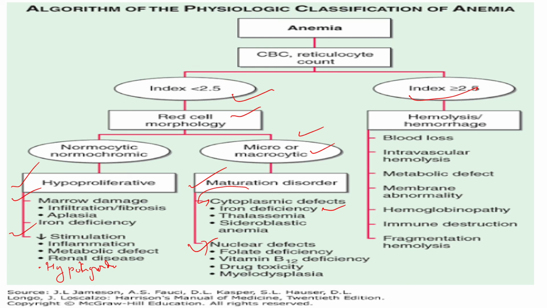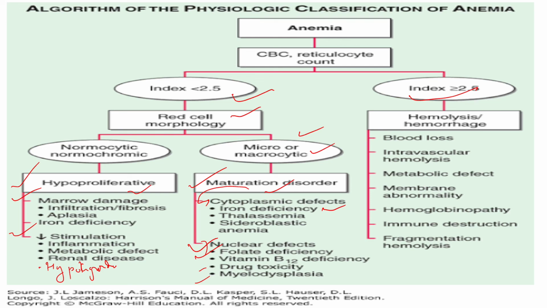Nuclear defects are usually due to folate deficiency, vitamin B12 deficiency, drug toxicity, or myelodysplasia. So if the reticulocyte production index is less than 2.5, the chances of hypoproliferative or maturation disorders are there, and these are the various causes responsible.